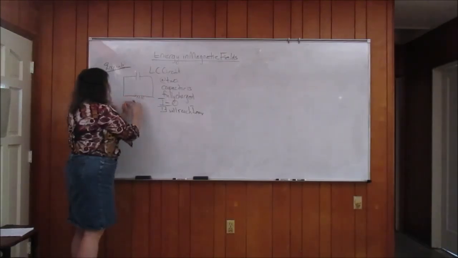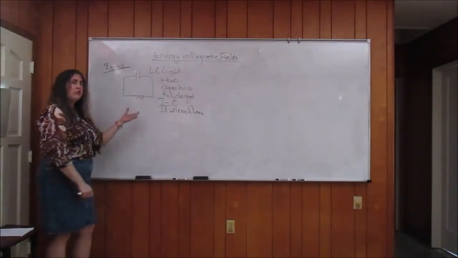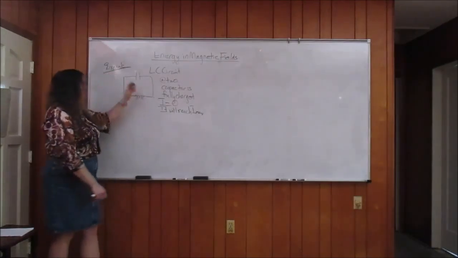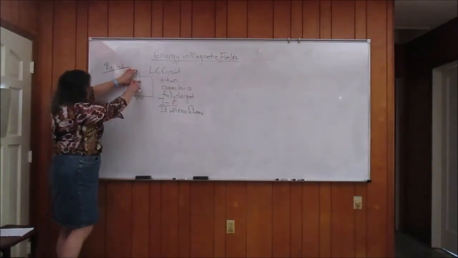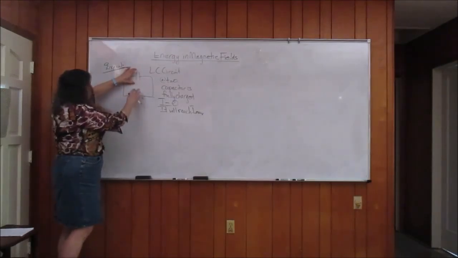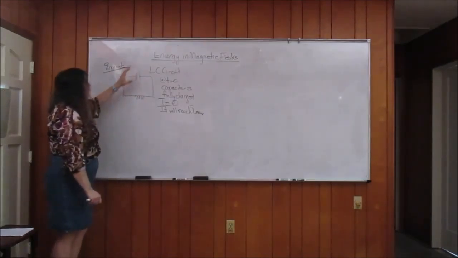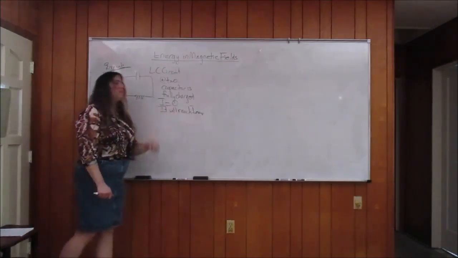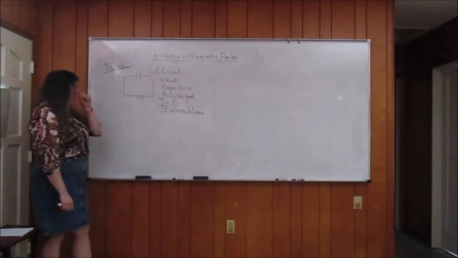The energy in this inductor, or energy in the magnetic field associated with the inductor, is going to increase. In fact, the amount of energy here, when the current flow is equal to 0, will be equal to the amount of energy stored here when the current is at its maximum.